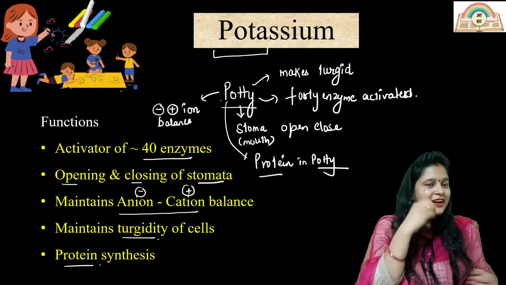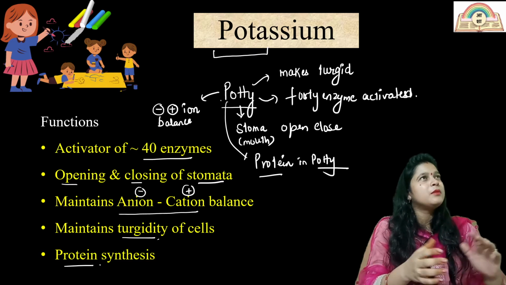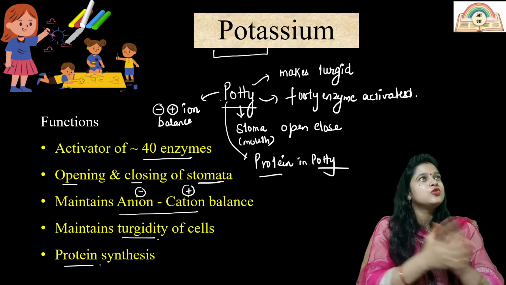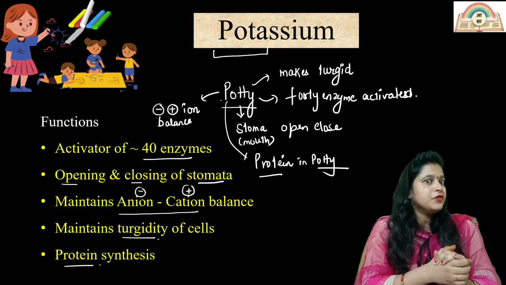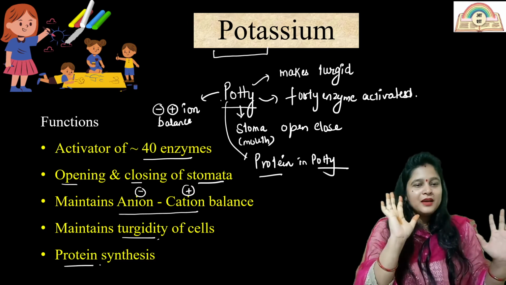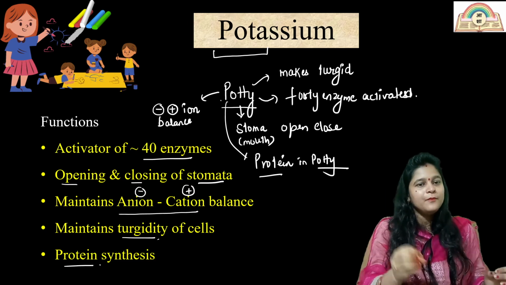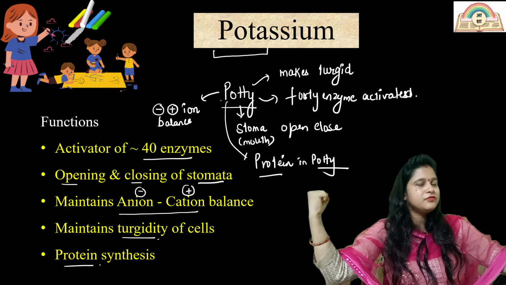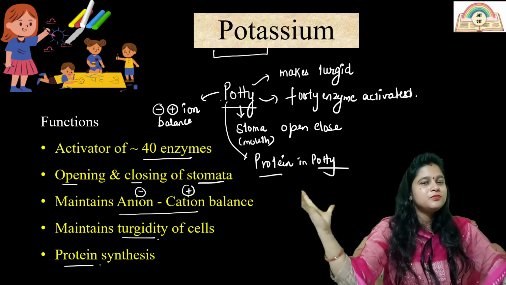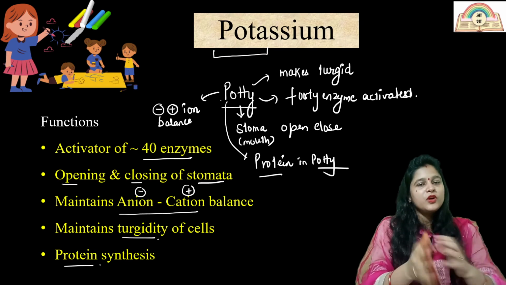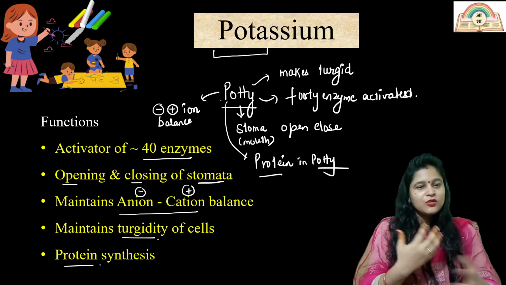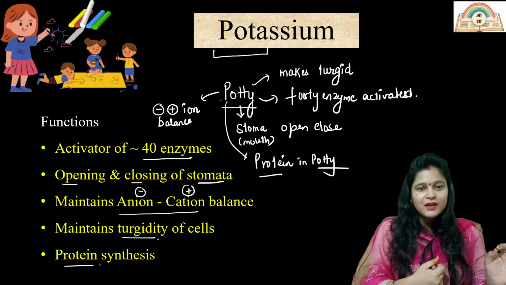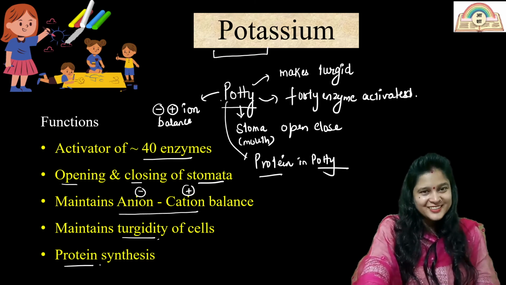And when someone does potty, you can remember that positive negative balance has to be taken into account, right? So negative positive ion balance means cation anion balance, and makes turgid, full of turgidity, turgor pressure and all. So potty 40 enzyme activated, stoma open, close, protein in potty, negative positive balance, and makes cell turgid.